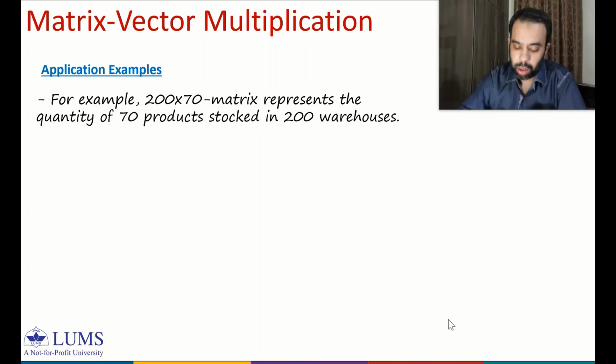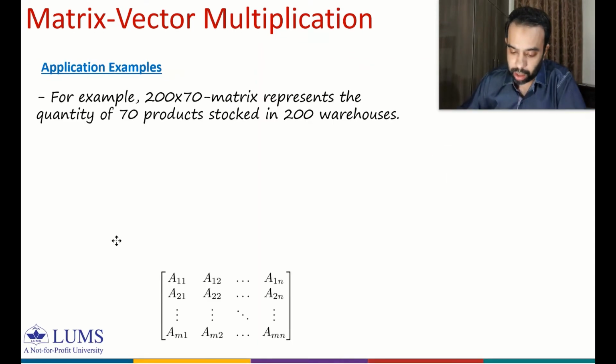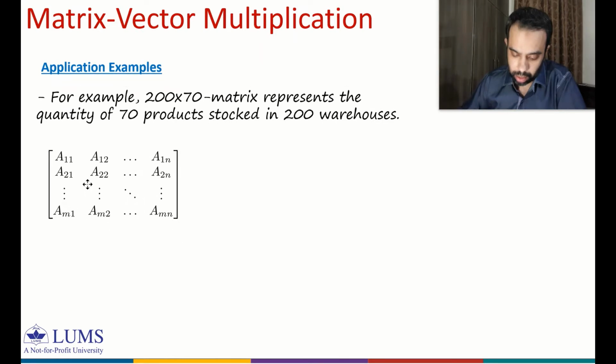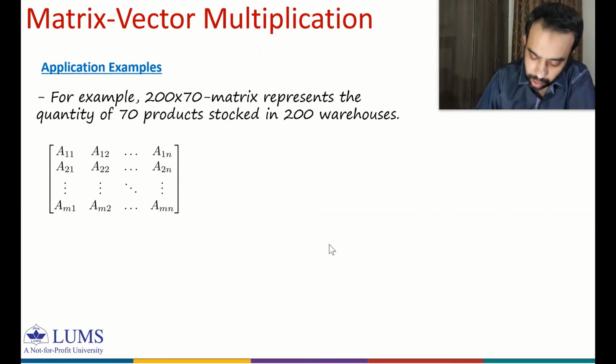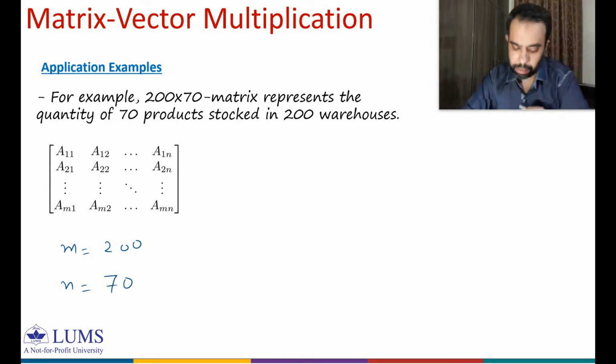We start with this application example. Say we have a 200 times 70 matrix that represents the quantity of 70 products stocked in 200 warehouses. We can say we have a matrix A. Here we take m equal to 200 and n equal to 70, so we have 70 products and 200 warehouses.